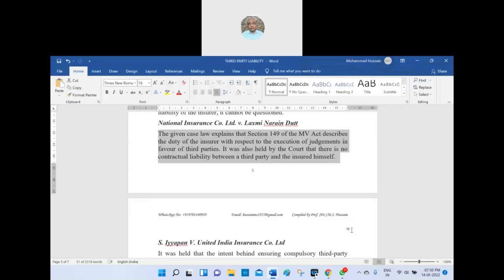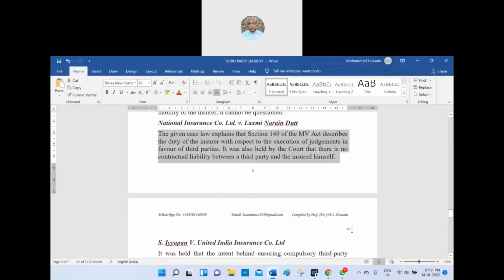Meaning, the judgment is given by the competent court, that is the Motor Vehicle Accident Tribunal, to the insurer. So it was held by the court that there is no contractual liability between the third party and the insured himself. Even though there is no liability on the insured, still the insurance company has to pay the third party.